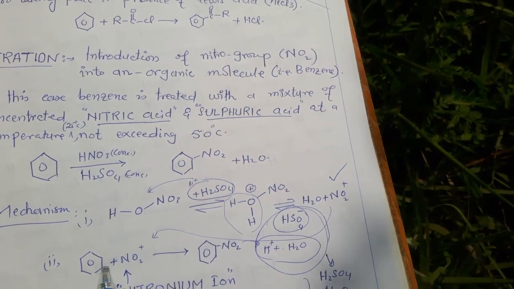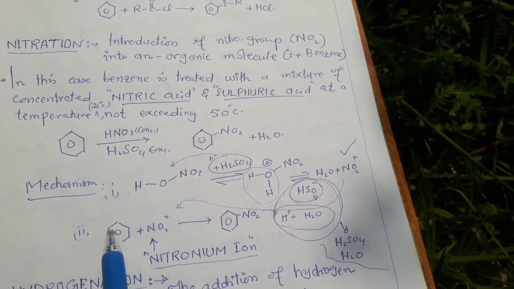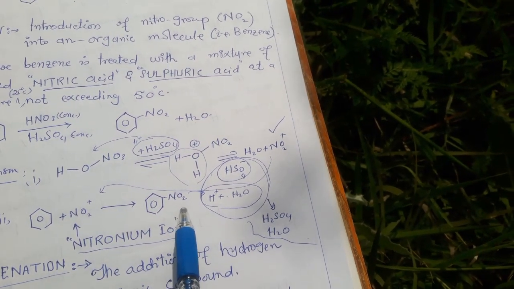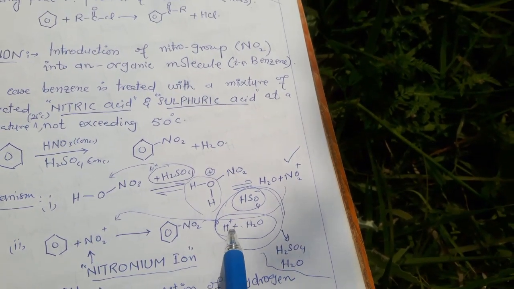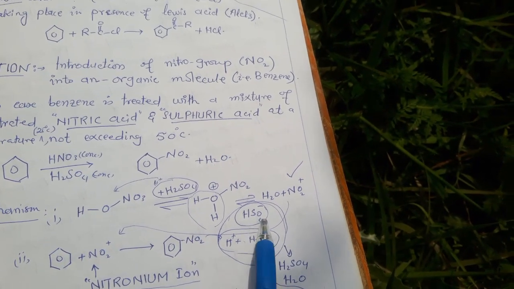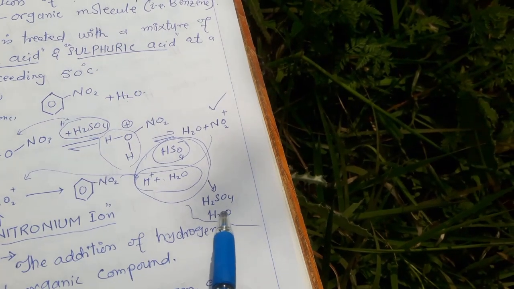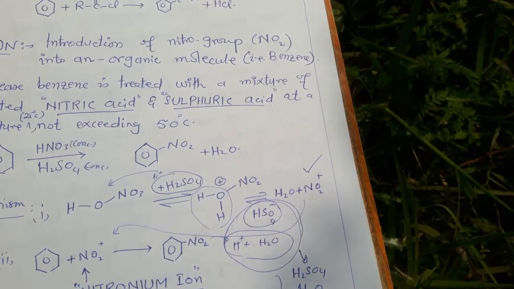This positive nitronium ion attacks the benzene ring and abstracts the proton from the benzene ring, and the nitro group is introduced into the benzene ring. This proton reacts with the acid, and again the acid is regenerated, so it works as a catalyst.